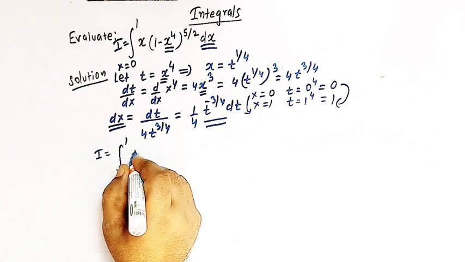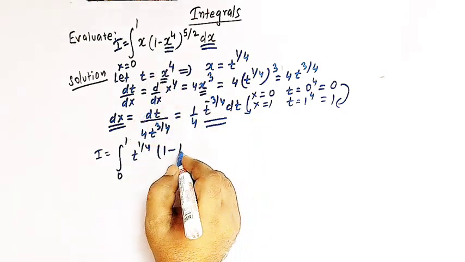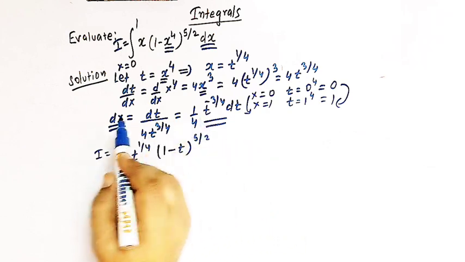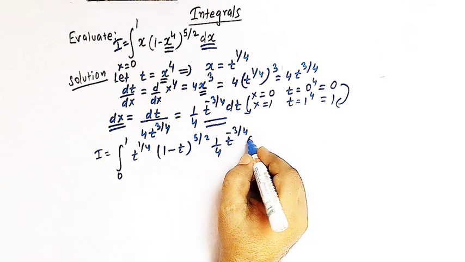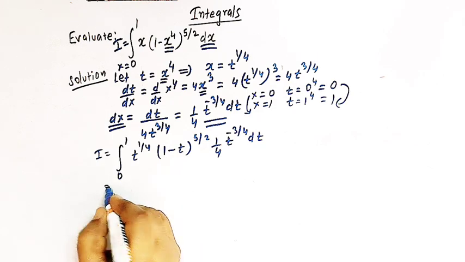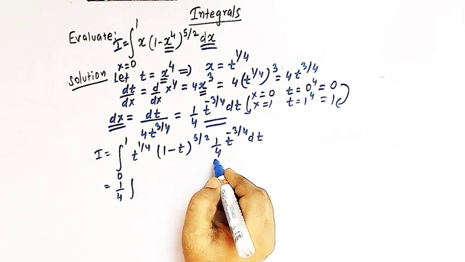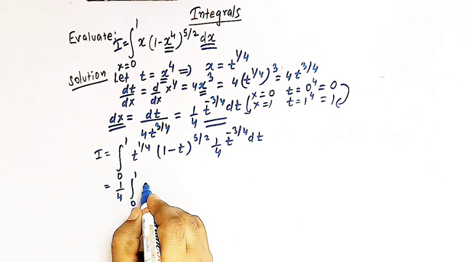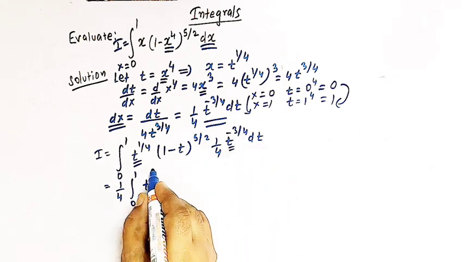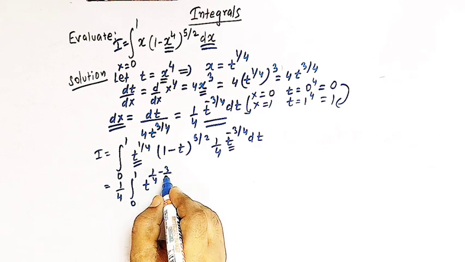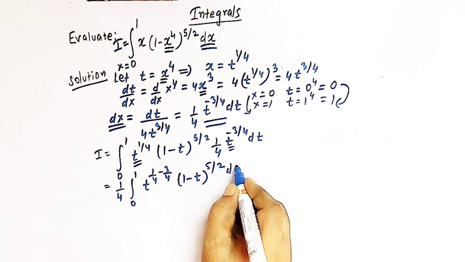For x we can write t raised to 1 by 4, and here we have (1 minus t) raised to 5 over 2, and for dx we can write 1 by 4 t raised to minus 3 by 4 dt. Now we simplify this expression: we have 1 by 4 outside the integral, from 0 to 1, t raised to 1 by 4 and t raised to minus 3 by 4, and (1 minus t) raised to 5 by 2, dt.